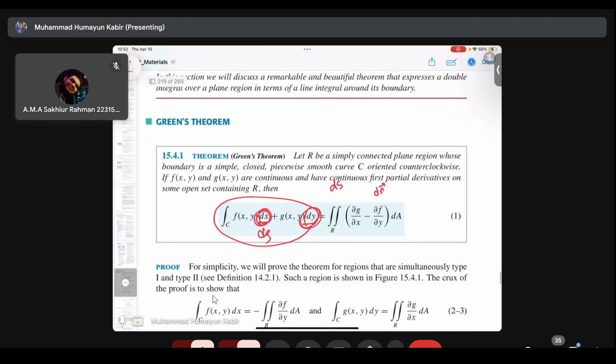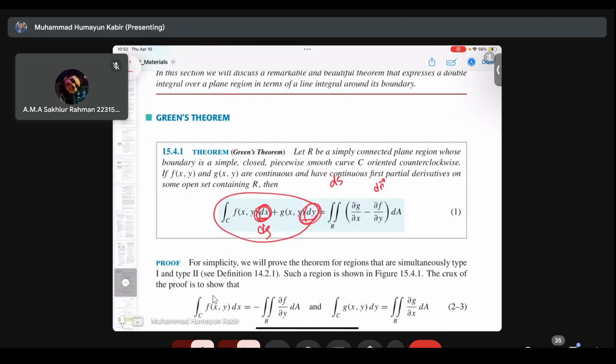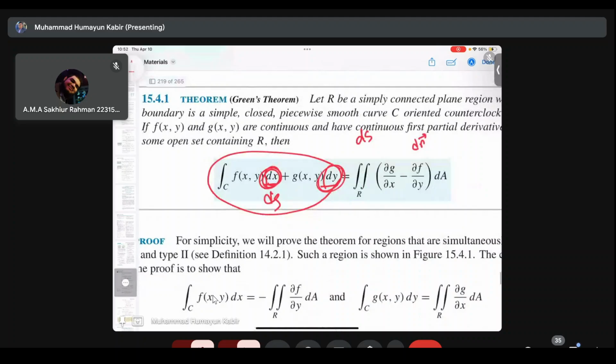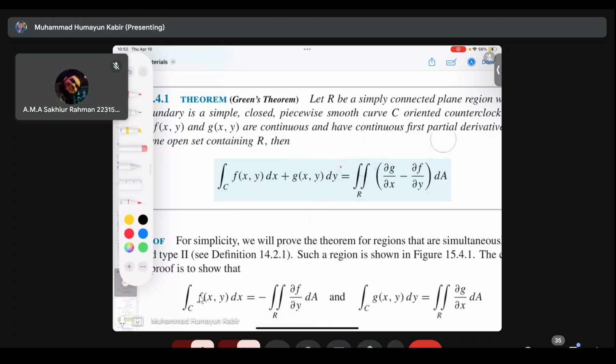Among the three special types of integral theory that we are going to learn now, this is one of them, Green's theorem. For that type of line integral, we have to use Green's theorem so that the line integral can be solved very smoothly.